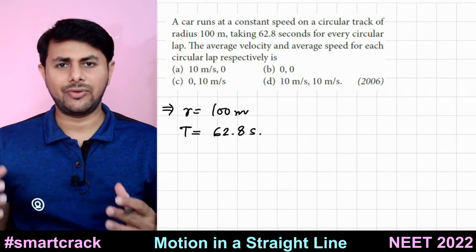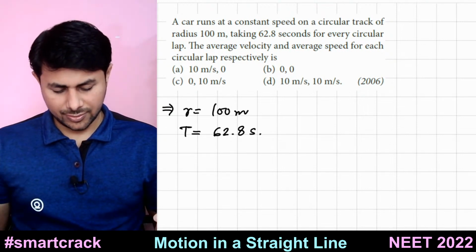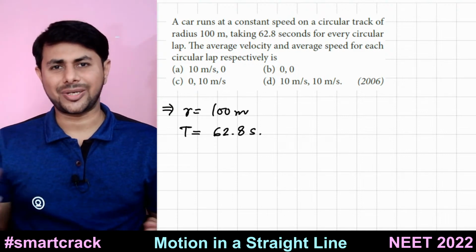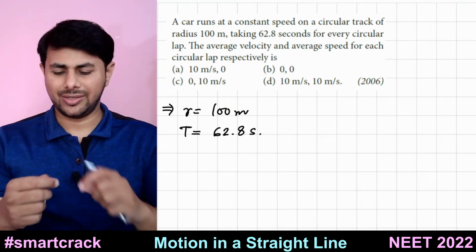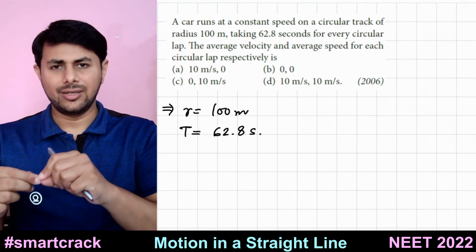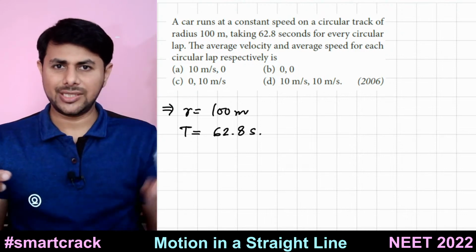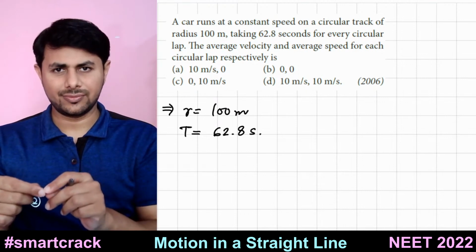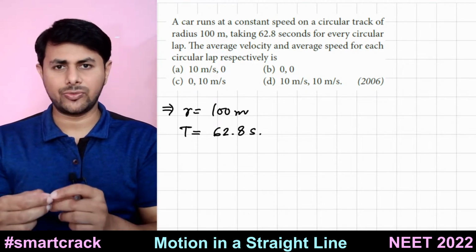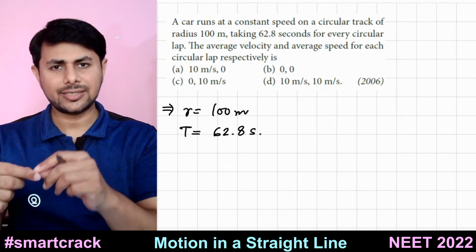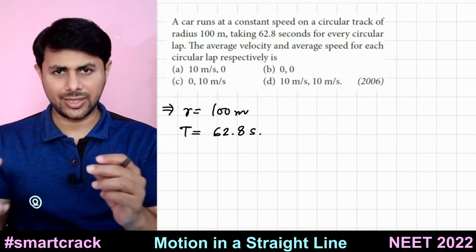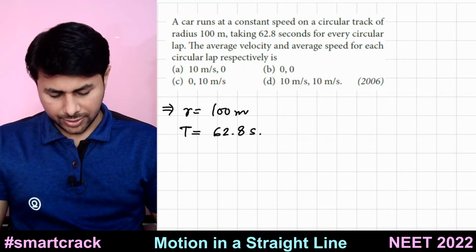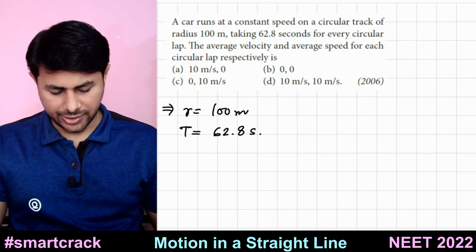So we need to find the average velocity and average speed. Now clearly, what will be the average velocity in case of circular motion? If a body performs circular motion, in each revolution it returns to the same position from where it started, right? So the average velocity must be 0 in each and every revolution, because the displacement is 0. It starts at the same point, ends at the same point. So let's check in which options the displacement is 0. So it's option B and option C.